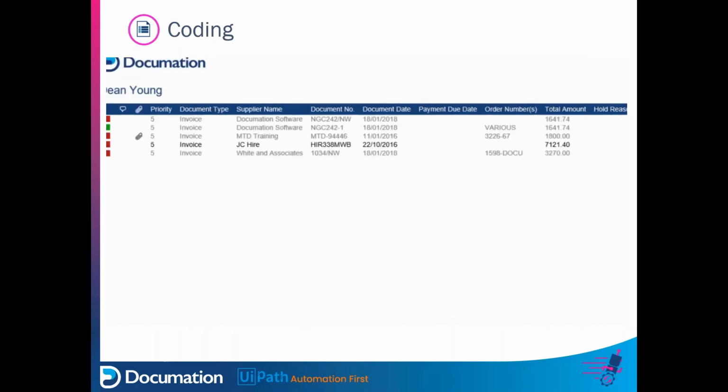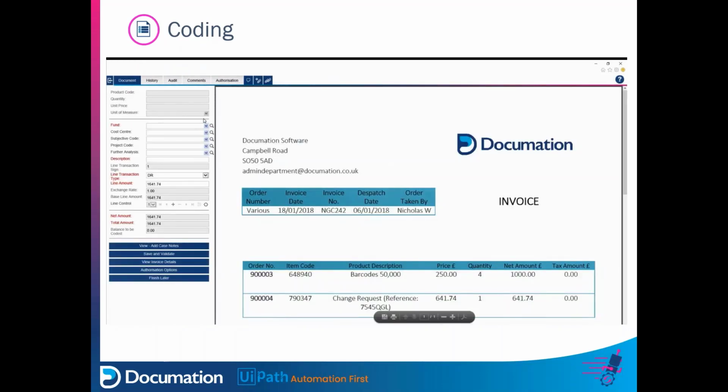In this example, an invoice has been captured which requires coding. An email is sent to the correct recipient automatically by the robot. That person can then open and view the invoice online, so no paper.